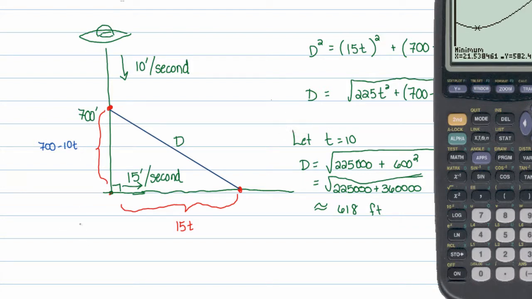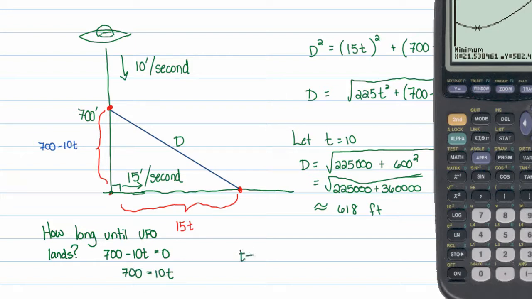Let me do that. How long until the UFO lands? Well, that means, remember the altitude of the UFO is this, 700 minus 10t. We just want to know when is that 0. I'll add 10t to both sides.